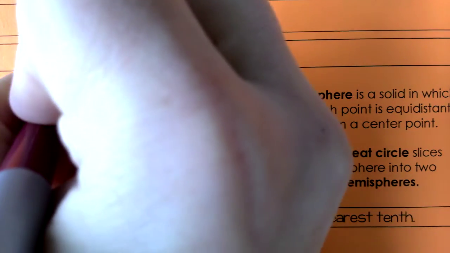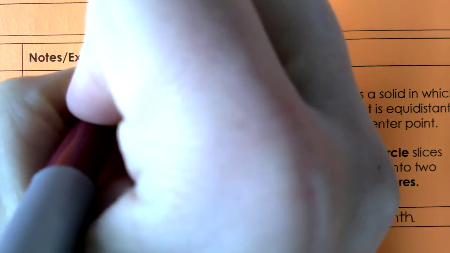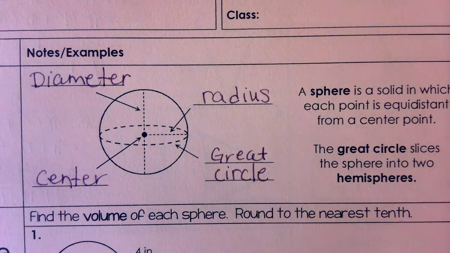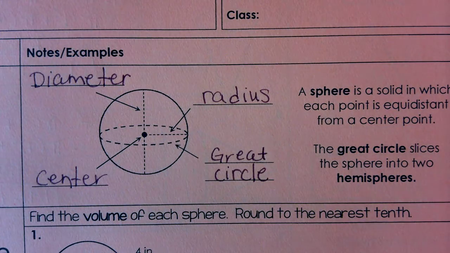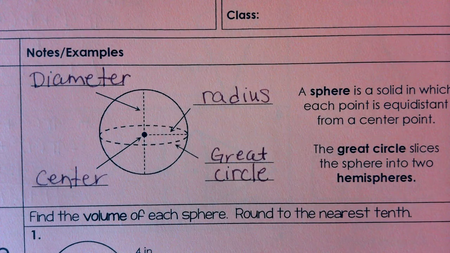That's my diameter. Okay. So those are the different parts of our circle or our sphere.